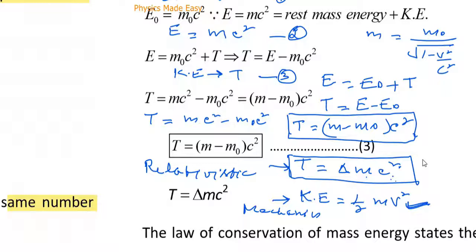So in daily life, the half mv square formula will be applied. But when you are talking of the motion of electrons or protons inside a nucleus or inside a gas, then if their velocity is comparable to the velocity of light, the formula for kinetic energy will change and T will be delta m c square. Again, listen, delta m is change in mass.